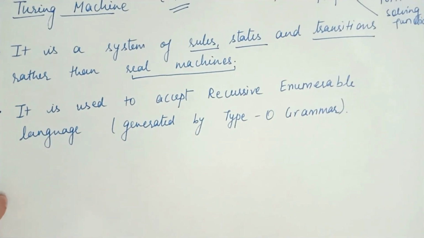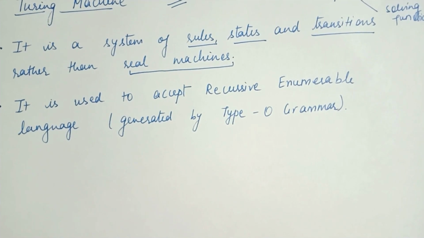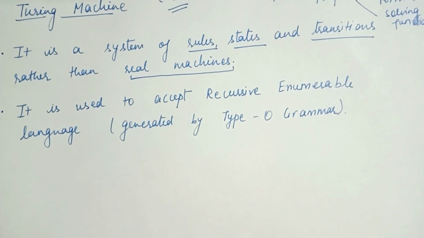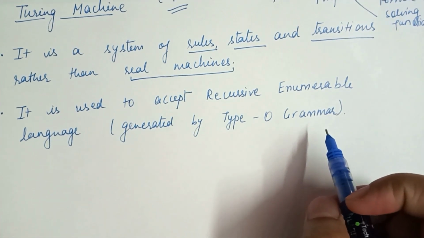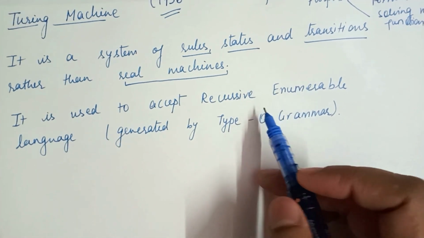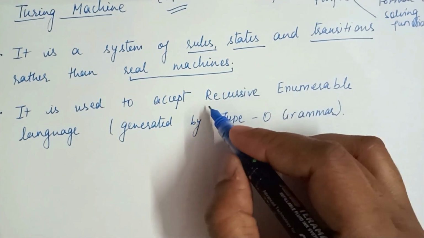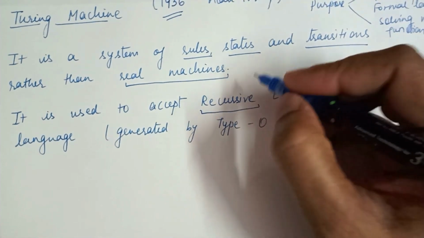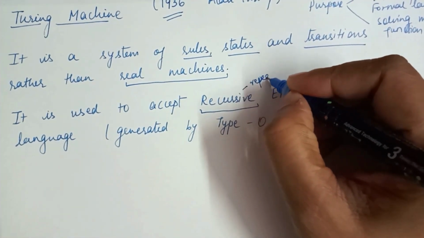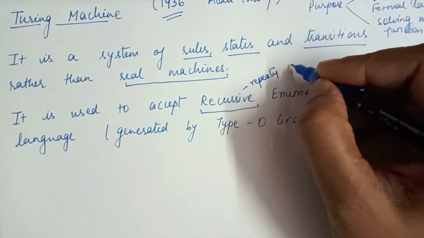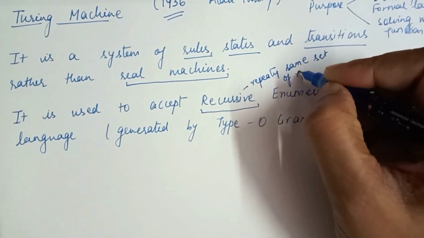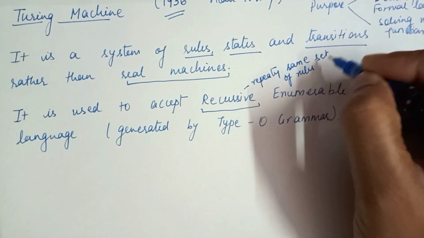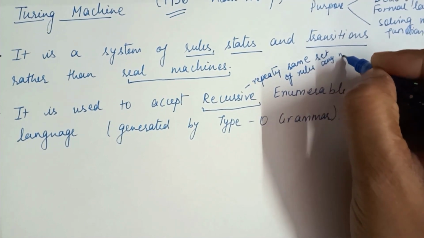It is also used to accept recursively enumerable language, and this recursively enumerable language is generated by type 0 grammar according to the Chomsky grammar. Recursively means repeating the same set of rules any number of times.